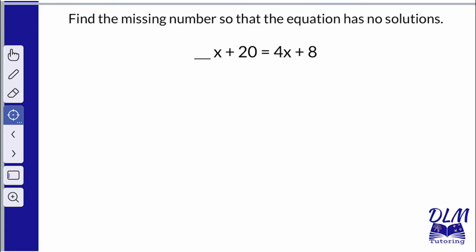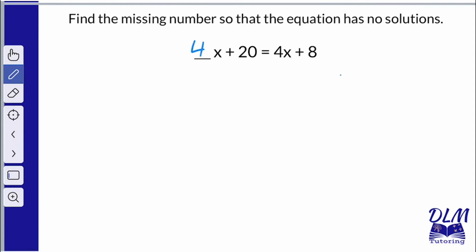Well, in order to do this, I need to have variable terms that are the same and constant terms that are different. So, if I want my variable term to be the same, this becomes 4x plus 20 equals 4x plus 8.